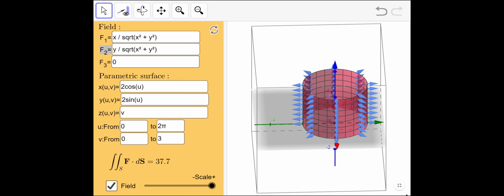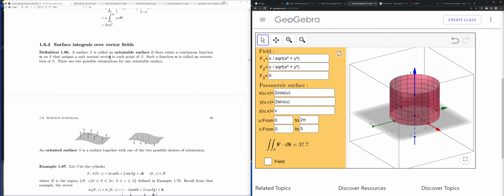Okay, so let's look at this definition, which summarizes what I just said. I have some surface S, an example of which is the cylinder here. A surface S is called an orientable surface if you have a continuous function that assigns a unit normal vector to each point of S. So it's going to have an orientation if you can assign a unit normal vector to each point on the surface.